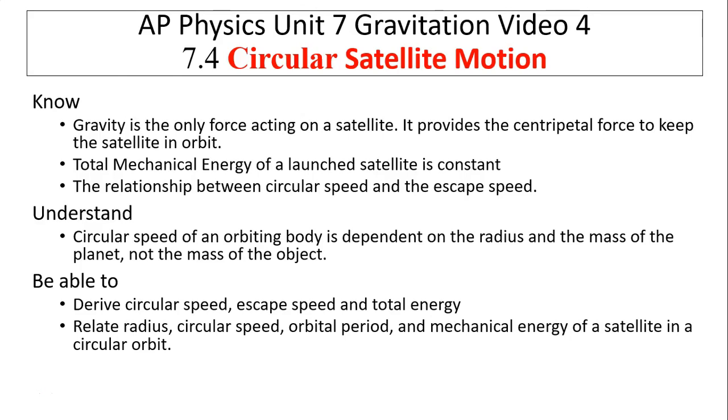Understand that the circular speed of an orbiting body is dependent on the radius and the mass of the planet, not the mass of the object. Be able to derive circular speed, escape speed, and total energy, and be able to relate the radius, circular speed, orbital period, and total mechanical energy of a satellite in a circular orbit.